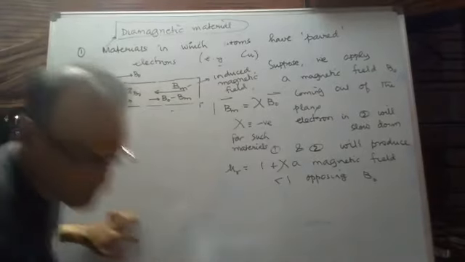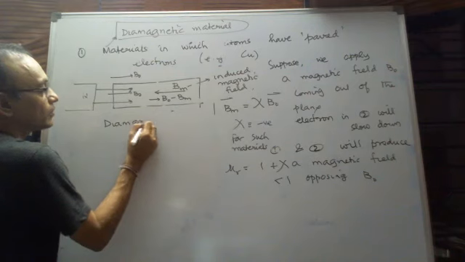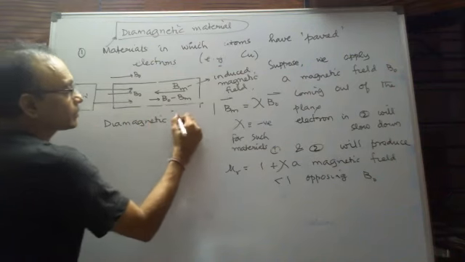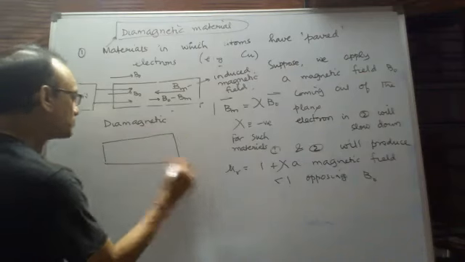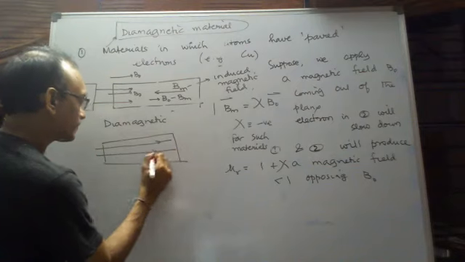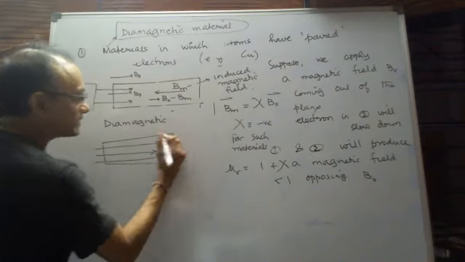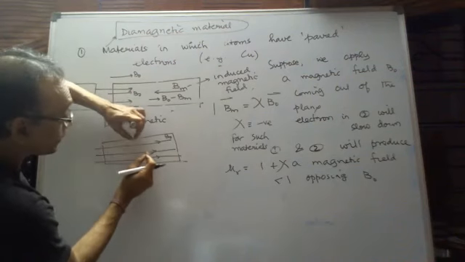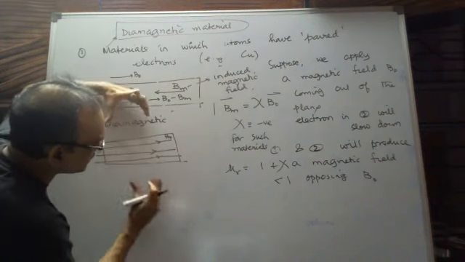Diamagnetic material है, suppose I apply B naught in a diamagnetic material. तो क्या होगा? ये अंदर मैग्नेटिक फील्ड B naught से कम होगा, तो सेपरेशन बढ़ जाएगा.